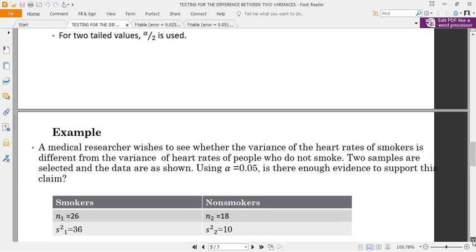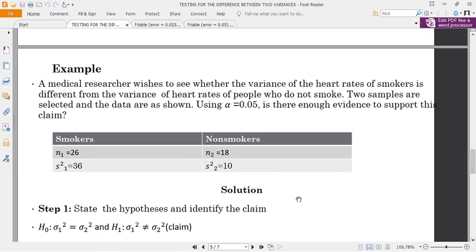We have an example here: a medical researcher wishes to see whether the variance of the heart rates of smokers is different from the variance of heart rates of people who do not smoke. Two samples are selected and the data is shown below. Using alpha equal to 0.05, is there enough evidence to support this claim?